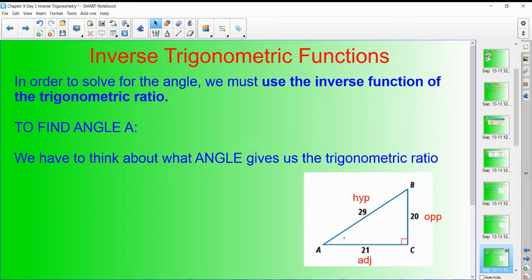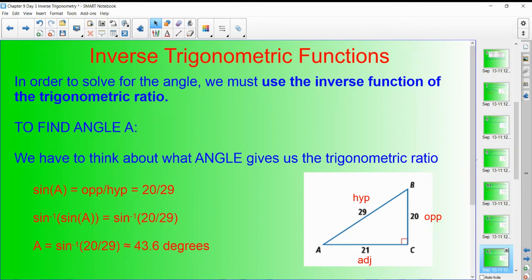We start at A. We know that the sine of A is 20 over 29, and the question is to solve for angle A. So now we're going to take the inverse of the ratio, the inverse sine of 20 over 29, which is approximately 43.6 degrees.